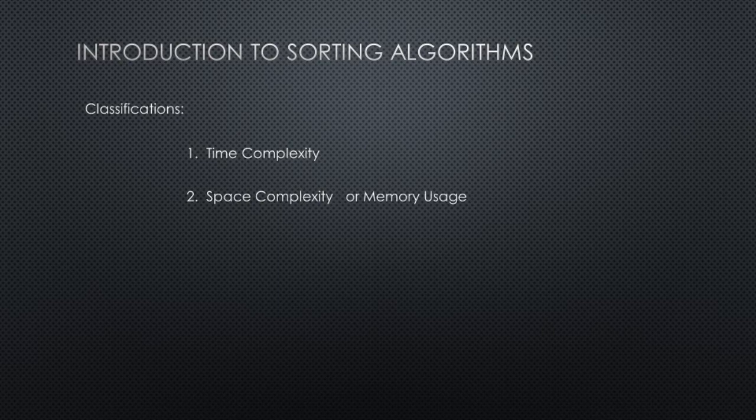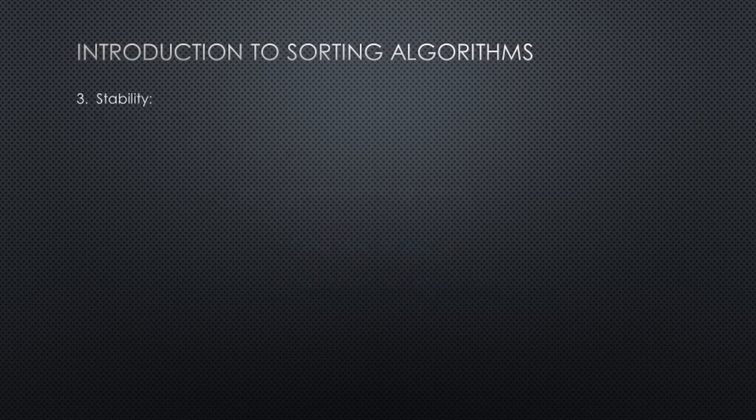Some sorting algorithms are in place. They use constant amounts of extra memory to arrange the elements in the list. While some sorting algorithms, like merge sort, use extra memory to temporarily store data, and the use of memory grows with input size. The third parameter we talk about is stability, and this one will take some explanation.